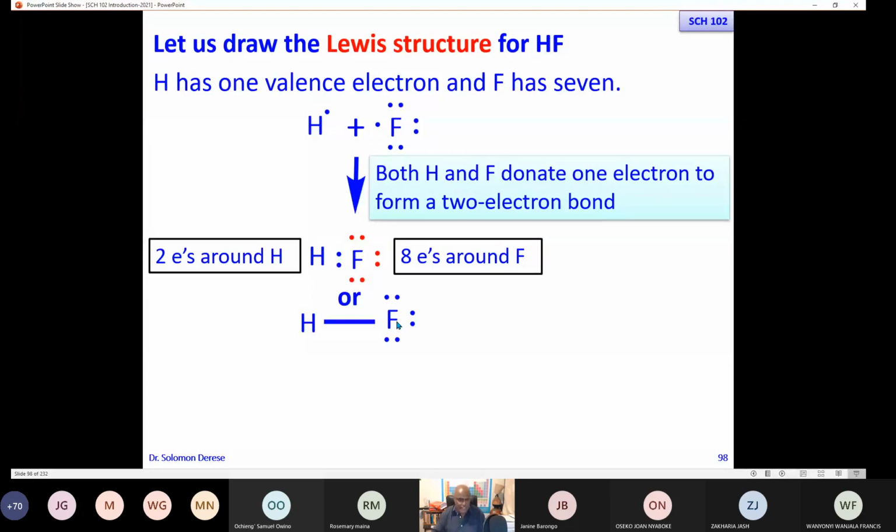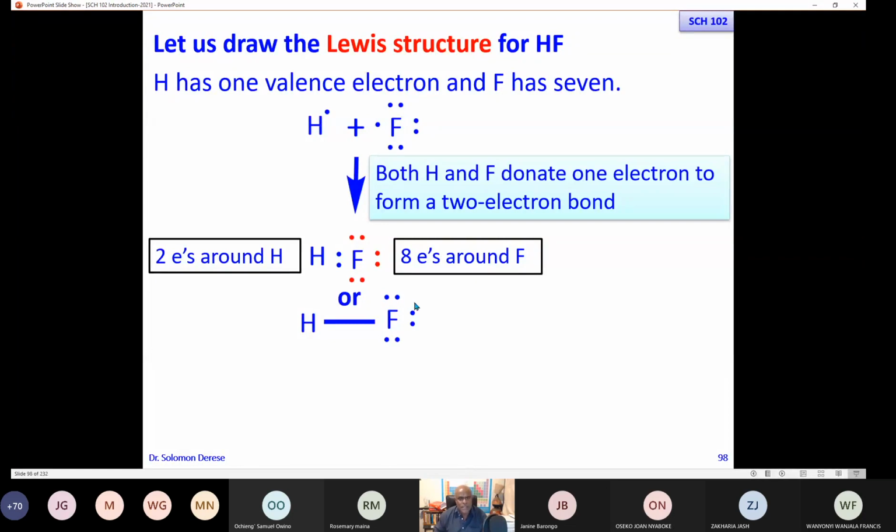So these ones are unshared electrons or non-bonding electrons because they are not involved in chemical bonding. They are called unshared because they are not shared. They are called non-bonding because they are not involved in chemical bonding. So these three pairs of electrons are called non-bonding electrons, unshared electrons, or simply lone pairs of electrons. So on the fluorine, we have 1, 2, 3 lone pairs of electrons.